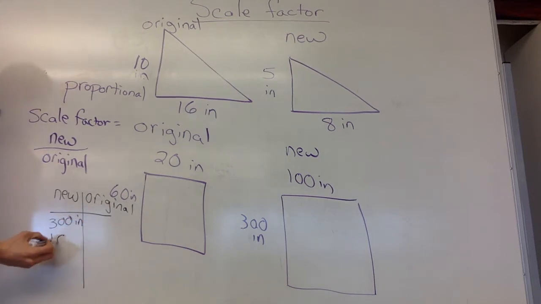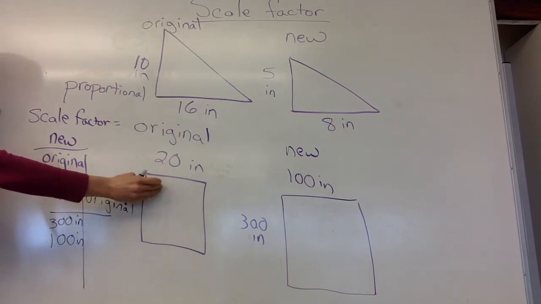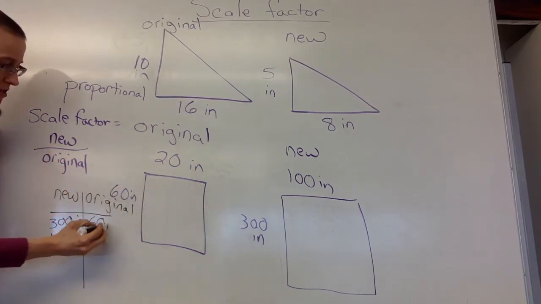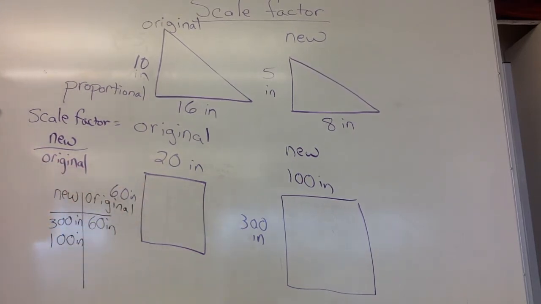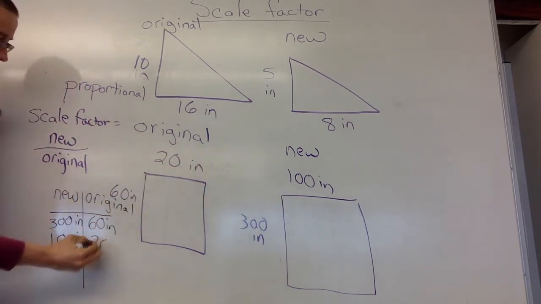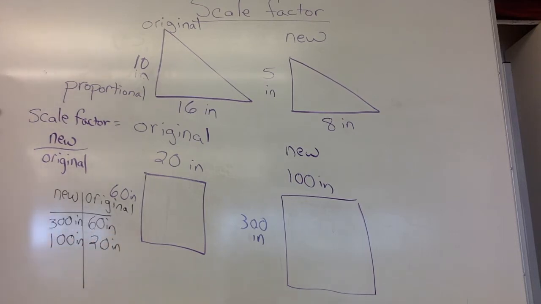And I also have a side that's 100 inches. So I'm going to put that in my table. Now what side corresponds to the 300 inches in the original? The 300 inches corresponds with the 60 inches in the original. The 100 inches in my new corresponds to the 20 inches in my original. So what I've done is line them up.